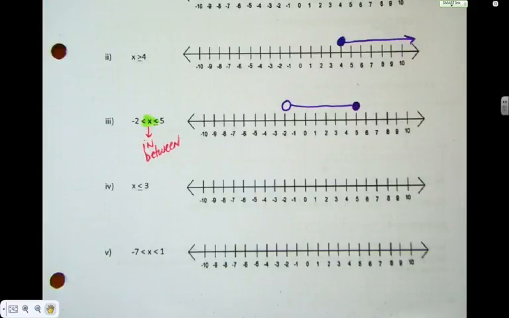Do number 4, or IV. Check with someone sitting around you.